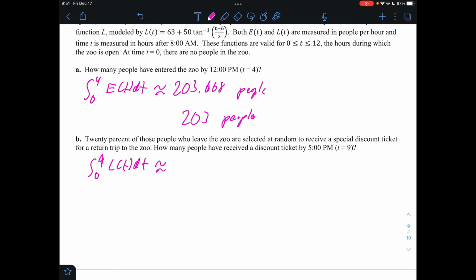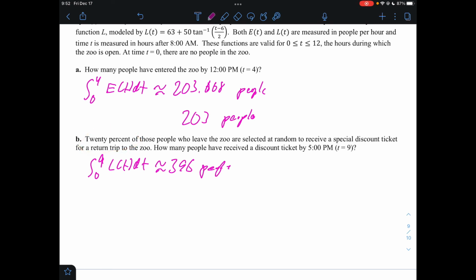Let me do this in my calculator really quick. All right, it would be about 396 people. Again, we're talking about actual whole number of people here, so about 396 people have left the zoo. But it says 20% of those are selected at random to receive a special discount ticket.